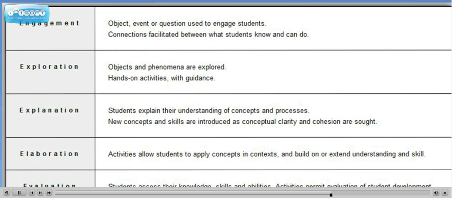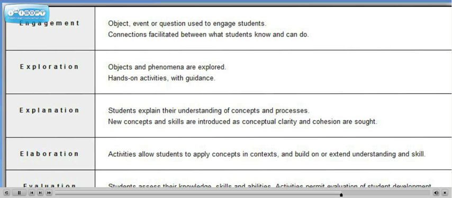Let's take a look at engage. The purpose for the engage stage is to pique student interest and get them personally involved in the lesson, while pre-assessing prior understanding. Next, students explore. The purpose for the explore stage is to get students involved in the topic, providing them with a chance to build their own understanding. In the exploration stage, the students have the opportunity to get directly involved with phenomena and materials.